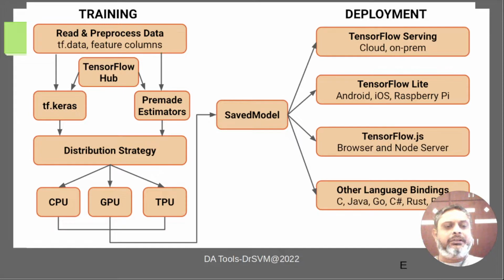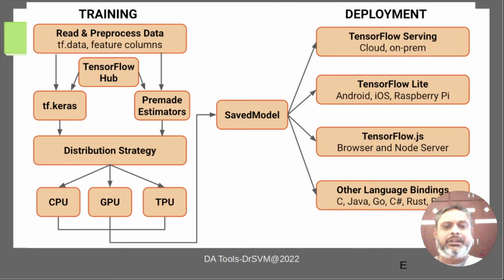Depending on the situation, when we are working on the cloud, sometimes some TPUs are available, sometimes GPUs are available. And when none of them are available, then we have to be happy with the CPUs. This whole distribution strategy is taken care of by TensorFlow, and from time to time, depending on the availability of GPUs and TPUs, they will be allotted.